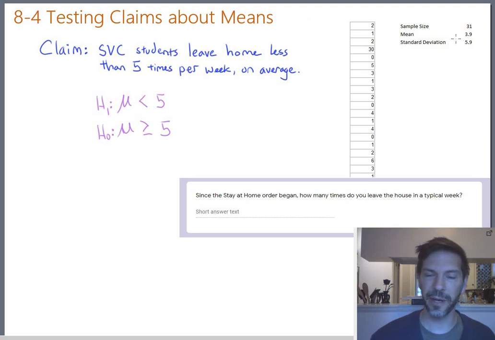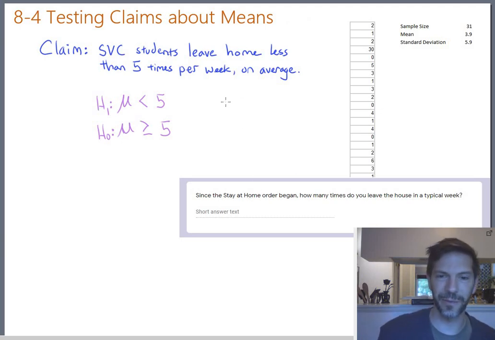Okay, so we do have the sample size, the mean, and the standard deviation. They're written right there. Normally, if I'm doing this in my homework, I'll copy them down out of the book. So jot down that the sample size n is 31, that the sample mean, symbol x bar, is 3.9, and the sample standard deviation s is 5.9.